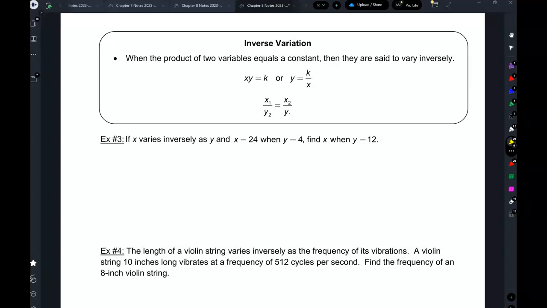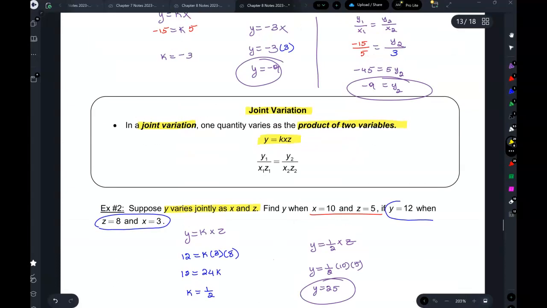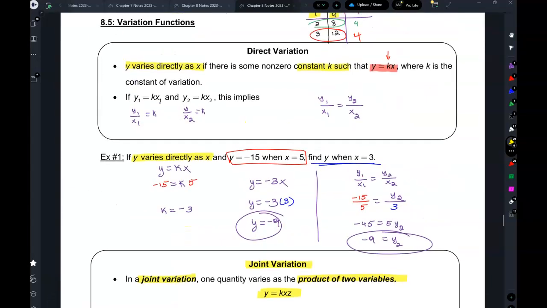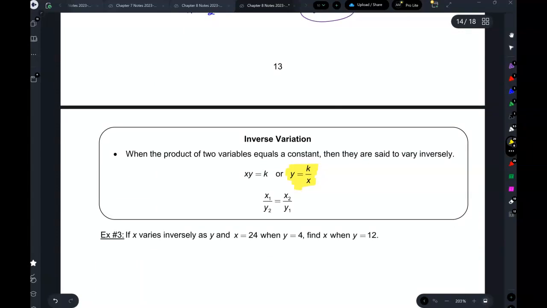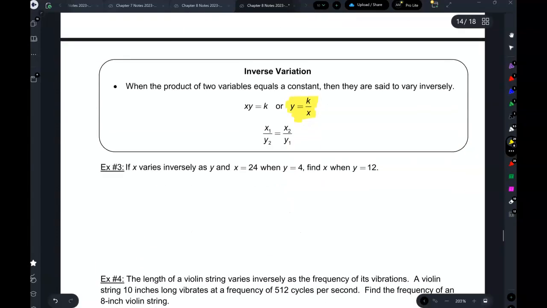So here, when the product of two variables equals a constant, then they are said to vary inversely. So what I want you to remember is this one: y equals k over x. For direct variation, we had y equals k times x. This one is y equals k over x. So now look at this.